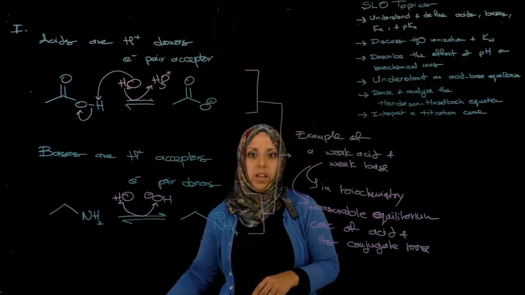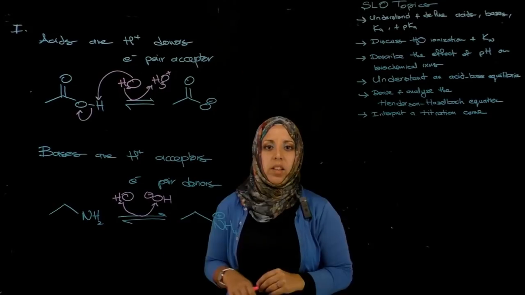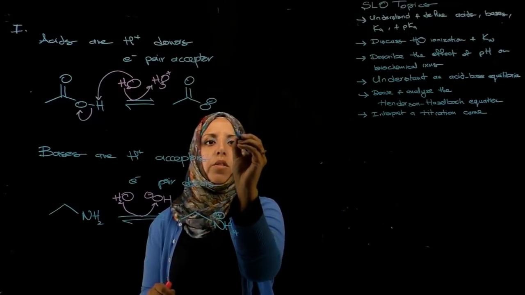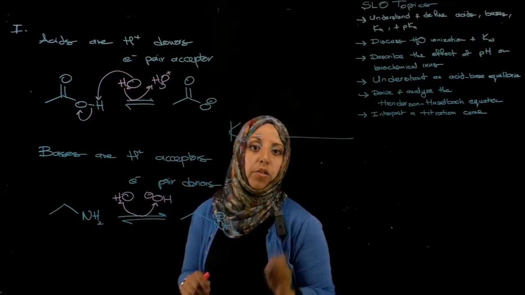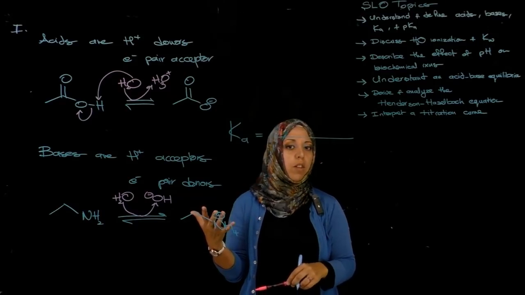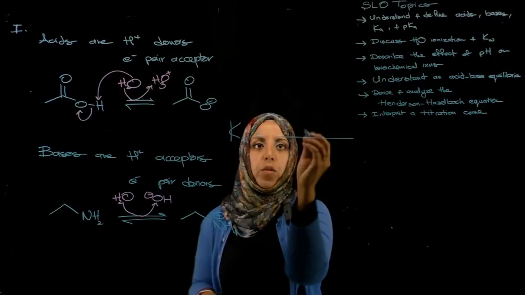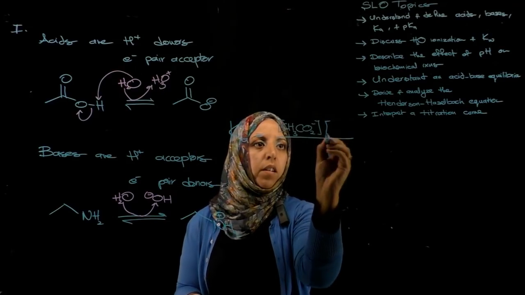So let us talk about the acid dissociation constant. So let's define an acid dissociation constant. What exactly is it equal to? If we think about the acid dissociation constant, and you recall that from general chemistry, it is equal to the concentration of the products over the concentration of the reactants. So in the products, we have the acetate. We also have hydronium ion.